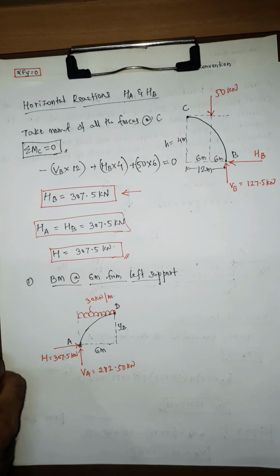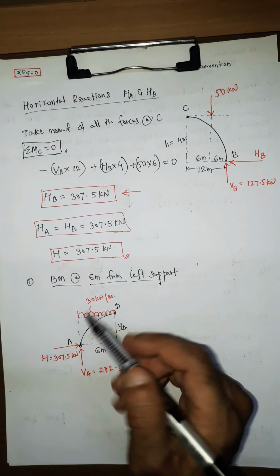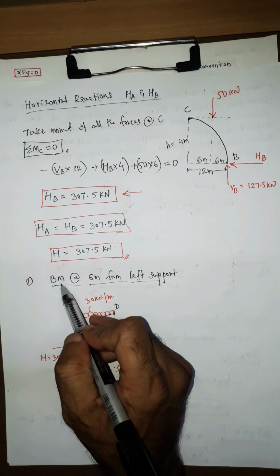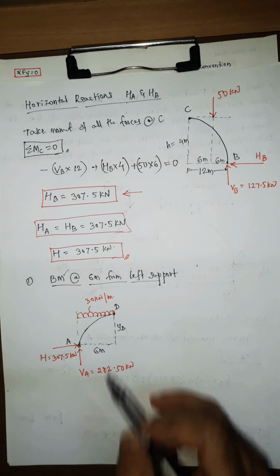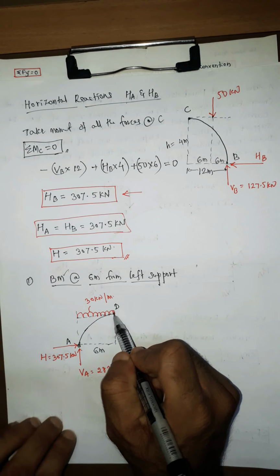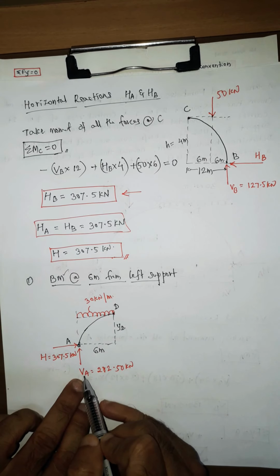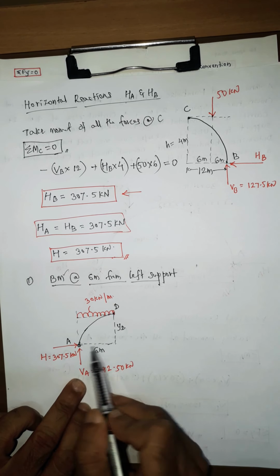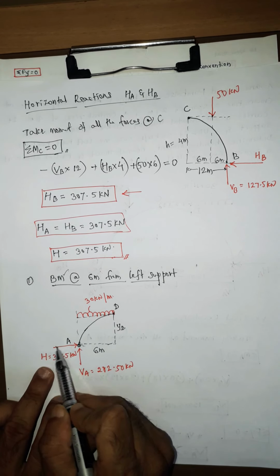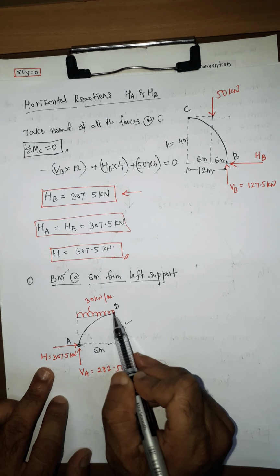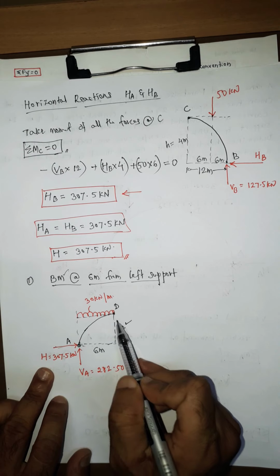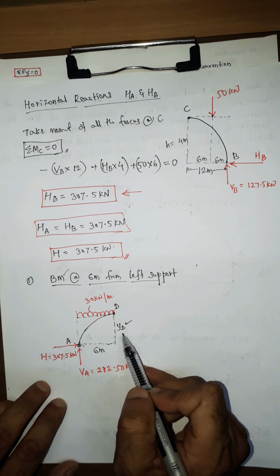So this is the diagram you have to draw at 6 meter, means at D we have to find the bending moment. When you calculate the bending moment at D, you take the moment VA into 6, then H into YD. So before calculating bending moment at D, let us calculate this vertical ordinate YD.